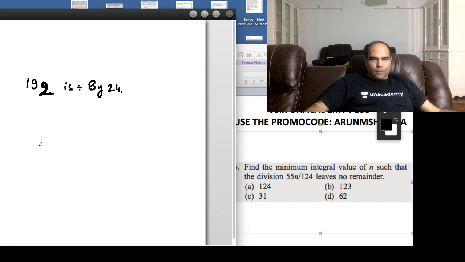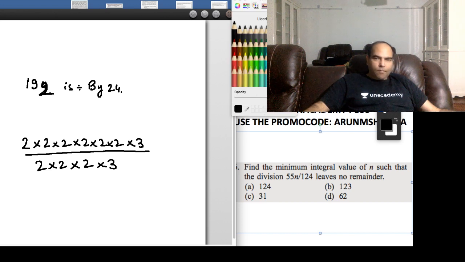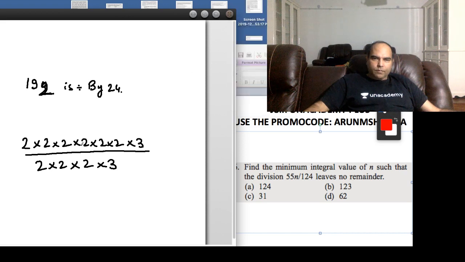Because 192 is 2 into 2 into 2 into 2 into 2 into 2 into 3, and 24 is 2 into 2 into 2 into 3. So when you divide these two, the 2 gets cancelled with the 2 here. This 2 gets cancelled with the 2 here. This 2 gets cancelled with the 2 here. And this 3 gets cancelled with this 3 here.